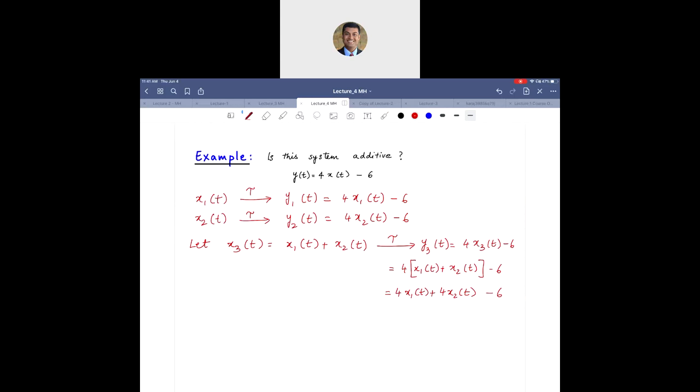So the important step here is to note that this is not equal to y1 of t plus y2 of t, which is in this case 4x1 of t plus 4x2 of t minus 12, which is why we say it is not satisfying the additive property. I hope that was helpful.